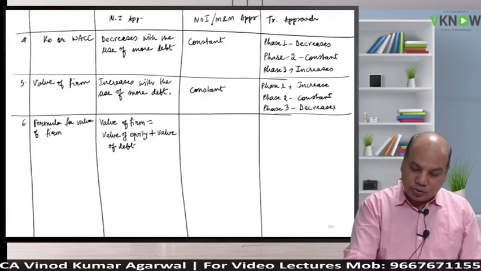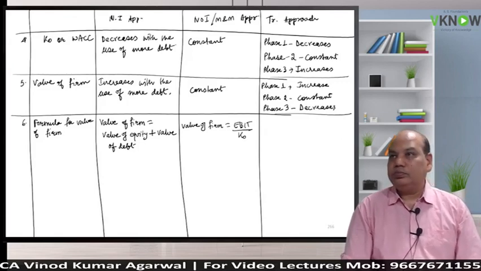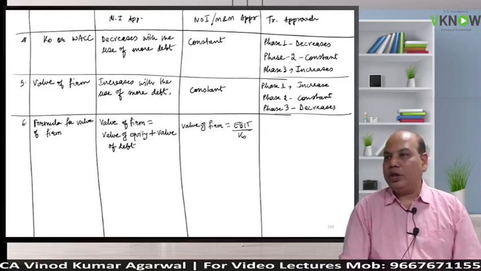In NOI approach, value of firm is equal to EBIT upon KO.